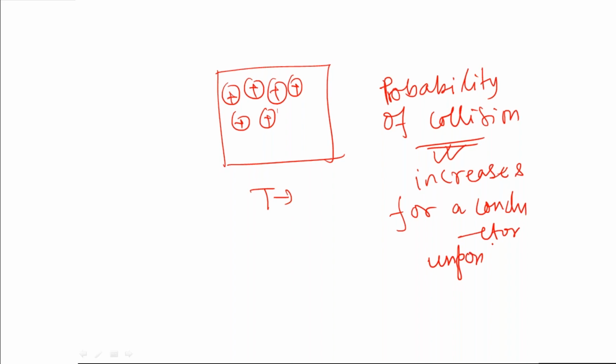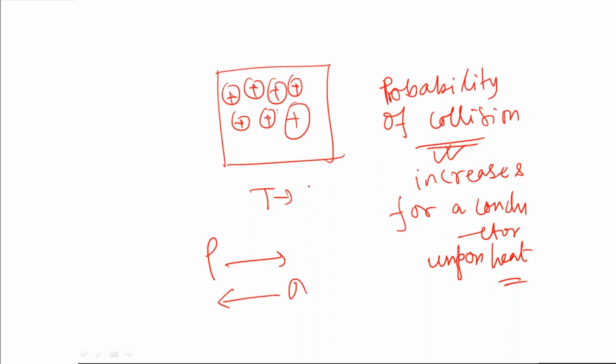That means if you heat a conductor, its resistivity increases and conductivity decreases. That means you will get less current, or the resistance will be more, in other words, if you increase the temperature of a conductor.